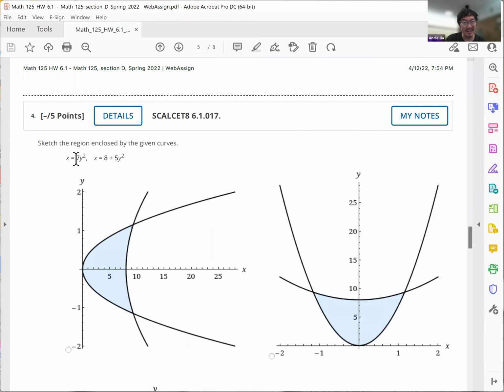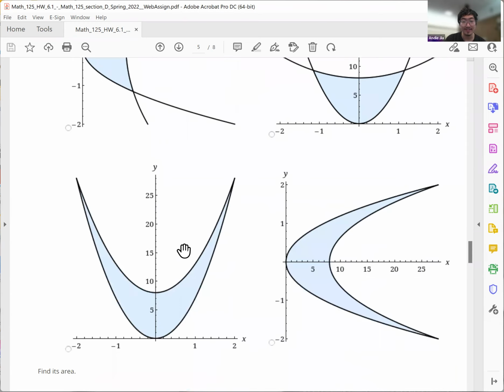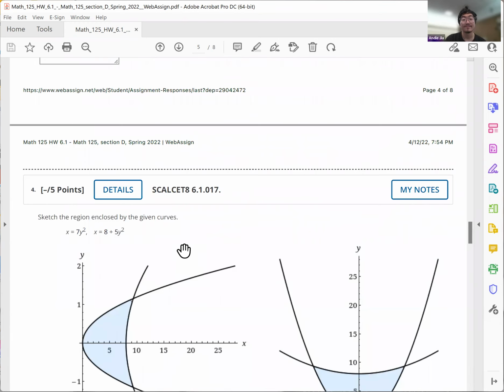So this one and this one are out. The rule of thumb for these curves is: right-left positionality, use dy; top-bottom positionality, use dx.